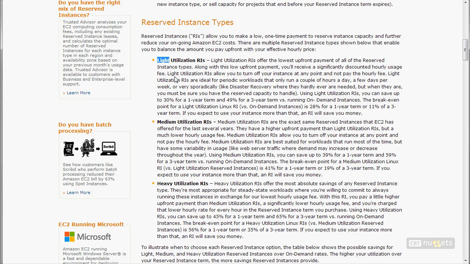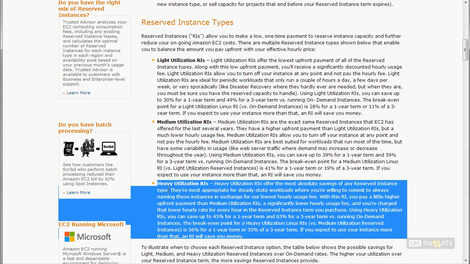Meaning, are you going to only have that instance powered on for a couple hours a day? Are you going to use it on a medium basis? Meaning, you might be running it maybe like 50% of the day, or you'll have these peaks where you'll run it all day one day and maybe 2 hours the next day, maybe for big rushes of news bulletins that you're posting on a news website or something like that. So that might be a medium utilization reserved instance. Or are you going to be running that instance essentially all the time?